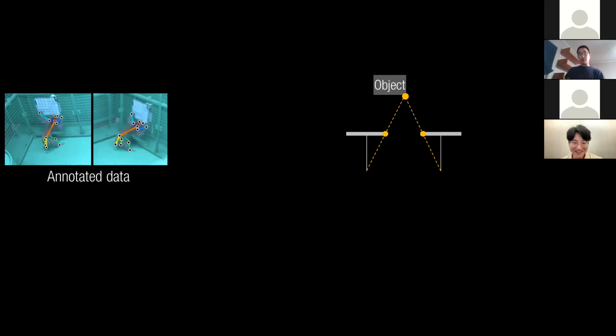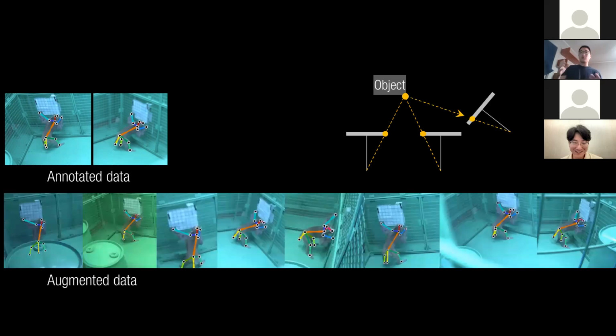What is so interesting about this idea is that if I buy more cameras, like hundreds more cameras, then by simply projecting this 3D reconstructed point to the other cameras, I can have a free label. So just by having more cameras, I can augment my data.